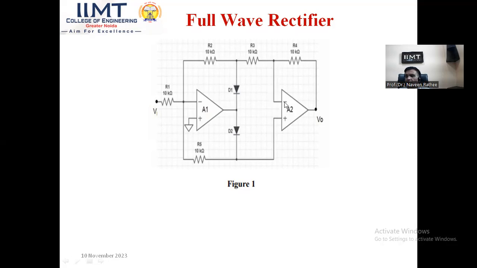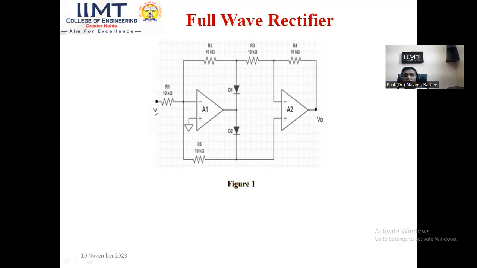At the inverting terminal of op-amp A2 there will again be a phase shift, so you go back to the positive cycle.